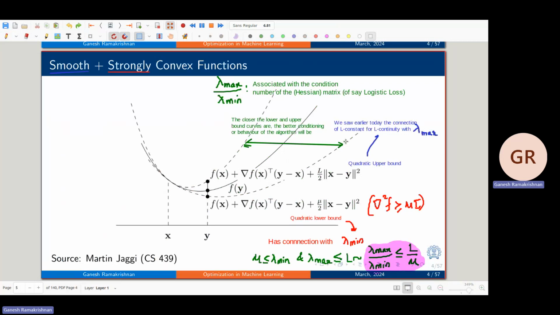The function itself is somewhere here. I'm sorry, I should have made them touching here. So my bad. So let's say this is the point we're considering, the point x. Say Hessian of f at x.